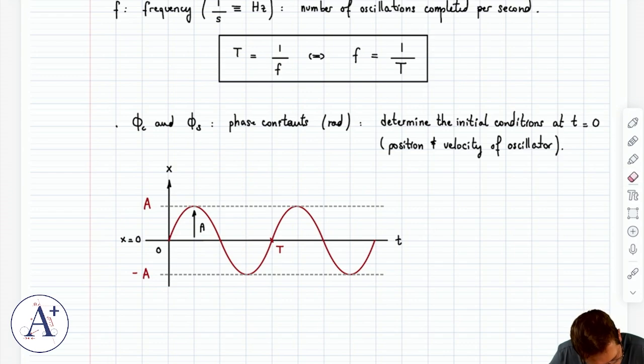Okay. Now, the thing is that here at t equals 0, we're saying that x is equal to 0. But apparently, the oscillator is at equilibrium at t equals 0, and probably it's moving in the positive direction because I have a positive slope, and, well, dx dt, which would be the slope, is the velocity. So it would be moving to the right, maybe. Okay, that's one option.